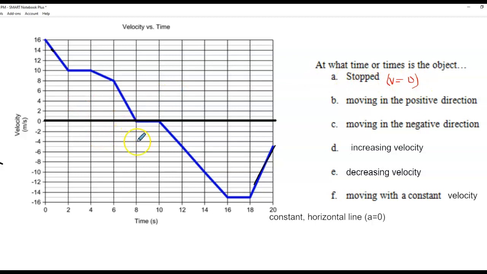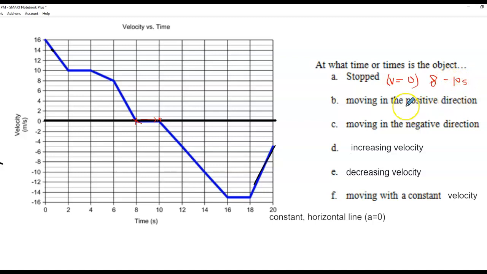So it stopped at the points where velocity is 0, so I'm putting x's here, and it looks like 8 through 10 seconds. And that, I would say, is the only time when it is stopped. So I would say 8 to 10. Sorry, got sidetracked for a second. So 8 to 10 seconds is that answer.